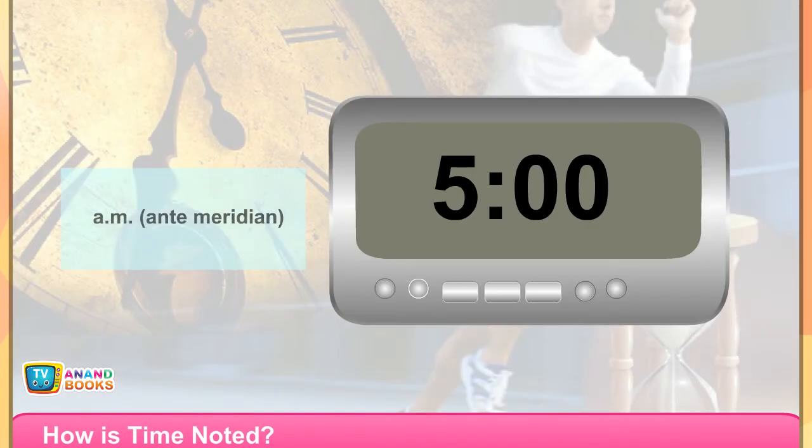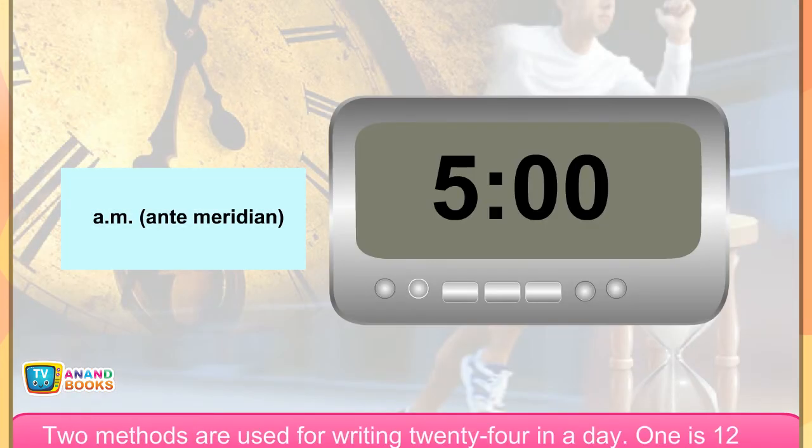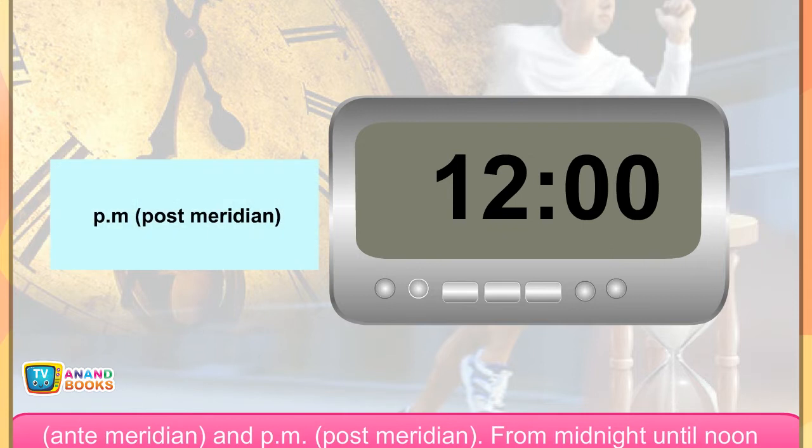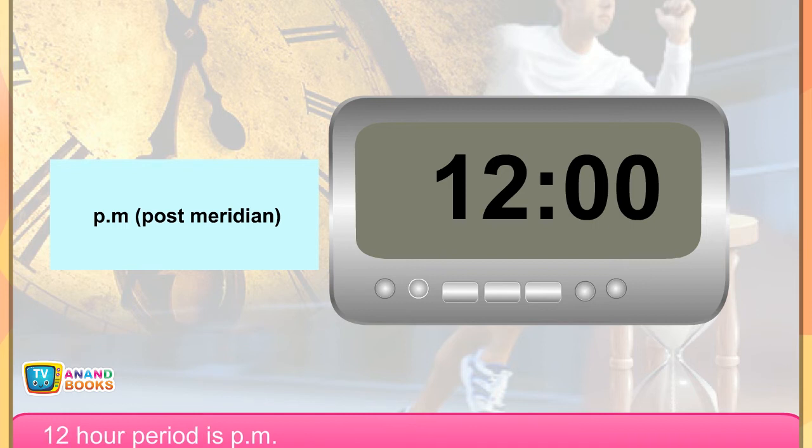How is time noted? Two methods are used for writing 24 hours in a day. One is the 12-hour method, in which time is written as AM, ante-meridian, and PM, post-meridian. From midnight until noon, the time period is written as AM, and from noon to midnight, the 12-hour period is PM.